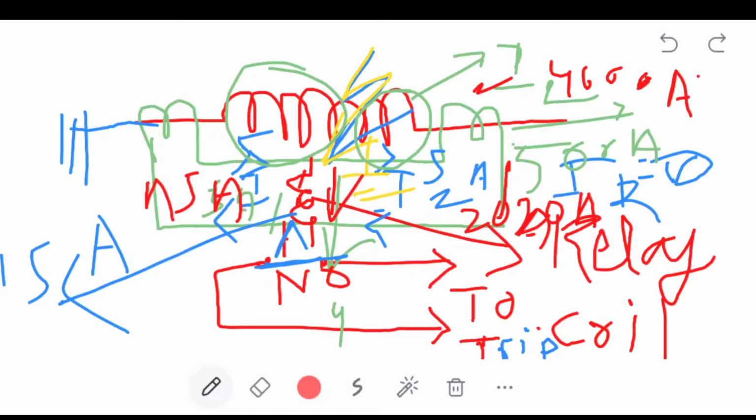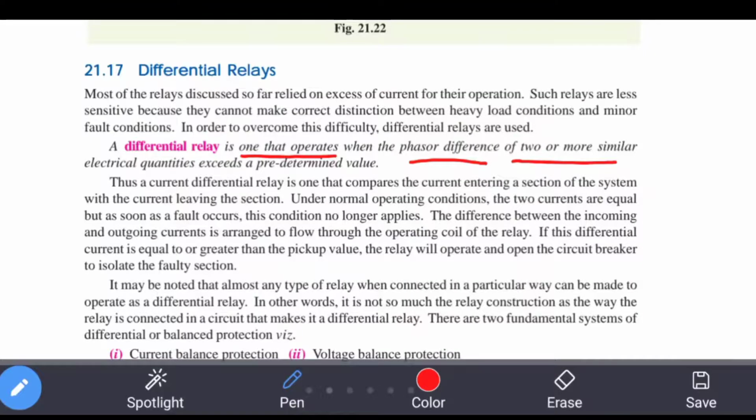This 15 amperes is enough to move the plunger upwards, hence the trip circuit breaker contacts will be closed. Now the trip coil of the circuit breaker will energize, the moving contacts will open, and the alternator will be disconnected from the source and from the fault. Like that, a relay will operate.